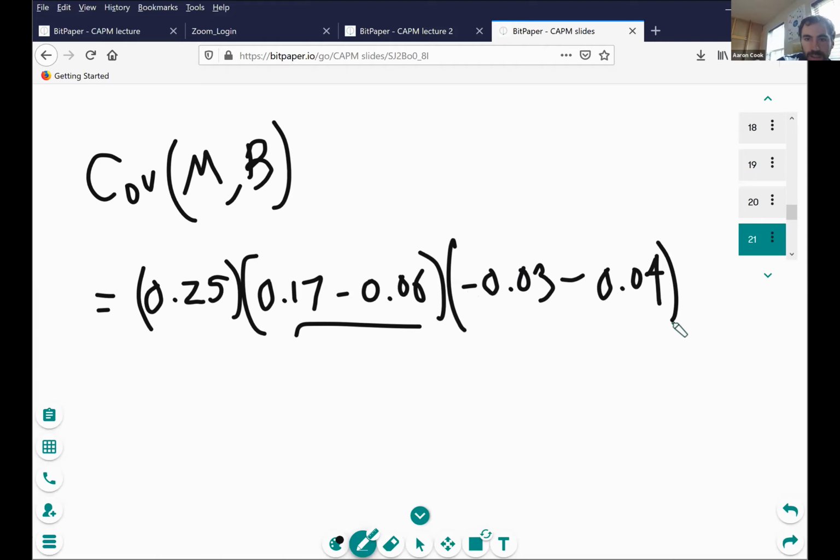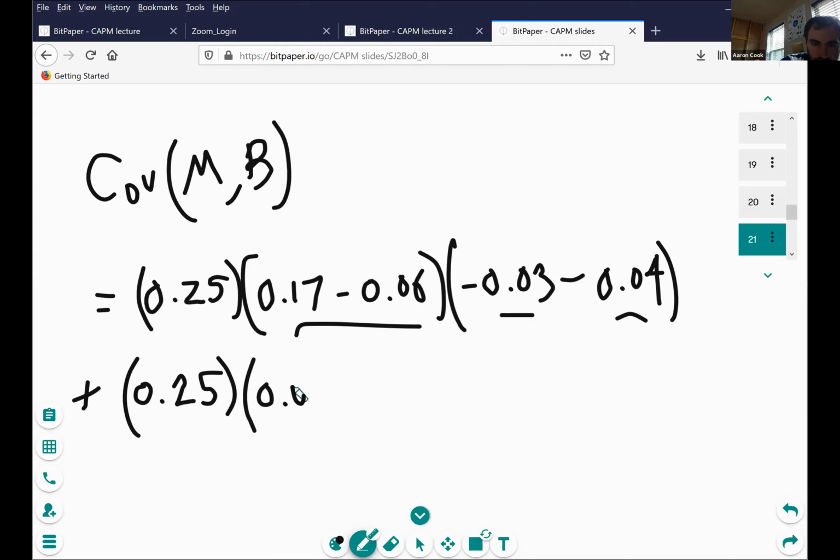So you subtract the mean value from the actual value in that contingency, and then you continue doing that for each of the remaining contingencies.